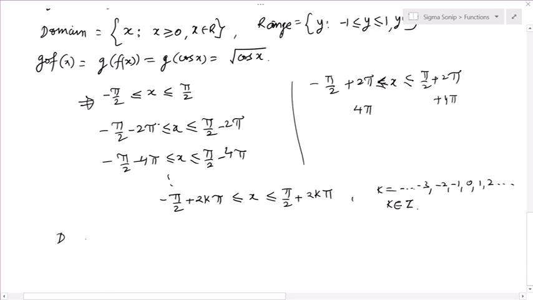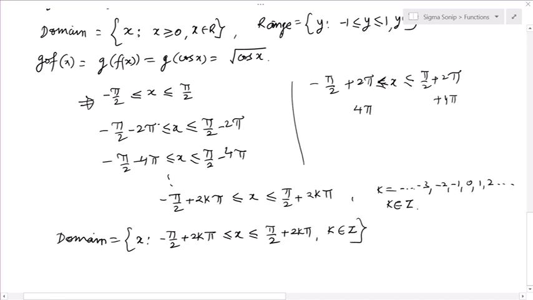When we take that into account, my domain is x such that -π/2 + 2kπ is less than or equal to x, less than or equal to π/2 + 2kπ, where k is an integer. As simple as that.